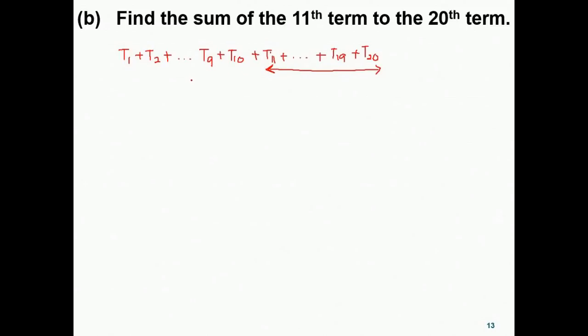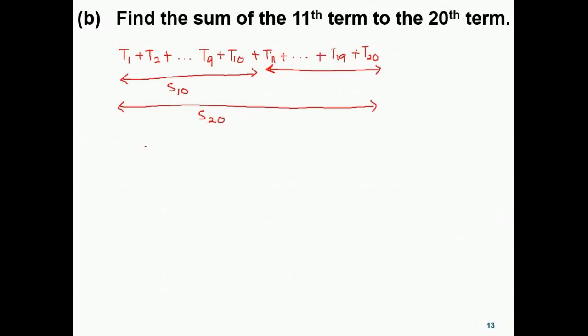So now here we know that T1 until T10 is equal to S10. This is the sum of the first 10 terms. So T1 until T20 is S20.